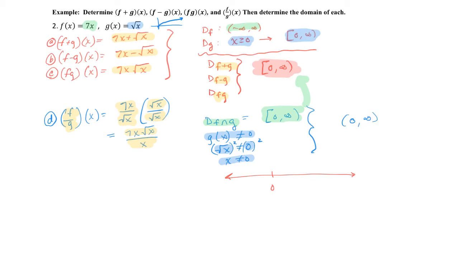The domain of f's intersection with g is 0 to infinity, but then that additional restriction tells me that x cannot equal 0. So when I put that together, I get a domain for the combination of 0 to infinity. Make sure that you have a parenthesis because x can't include 0, and so we want to make sure that the 0 is not included. Okay, so hopefully you did well on that.